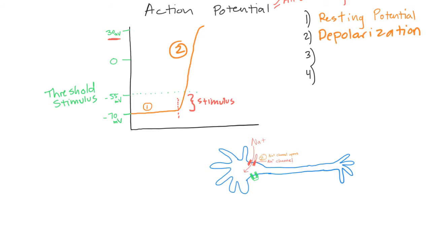Okay, at this peak point, what happens then is you get a repolarization. And you can see that we are going back to a negative potential, negative voltage.